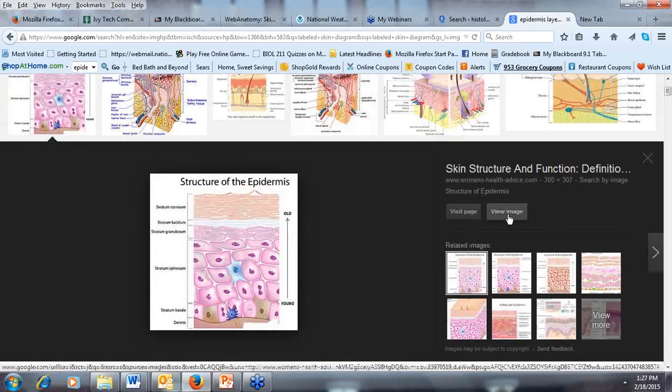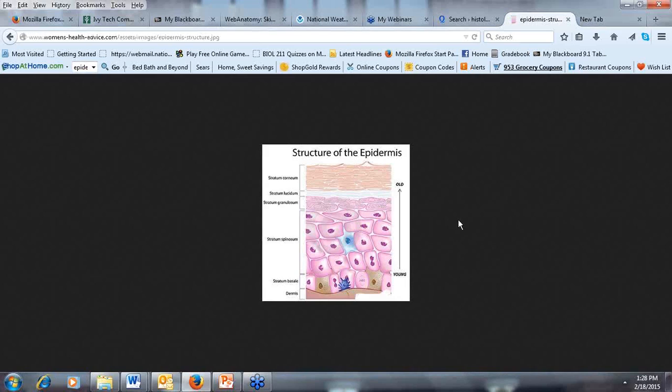And here's a good one right here. What it'll also show you, here's the stratum basale. Basal just means the basement or the lower layer. Here's spinosum, where you're going to have some more spiky structures. Granulosum, where you're going to have more that are able to pick up stain, more granulated. Lucidum, more of a clear one. And your stratum corneum is that more dead layer that we take a look at.